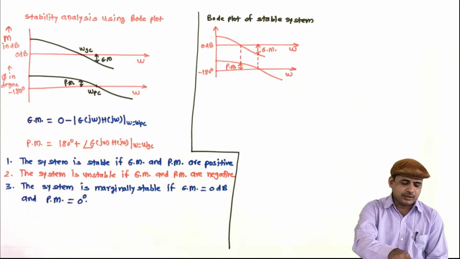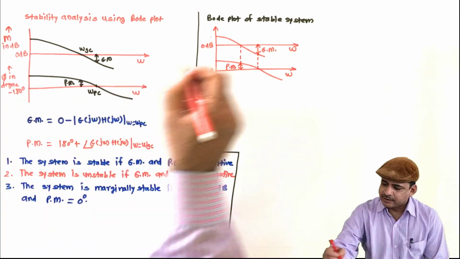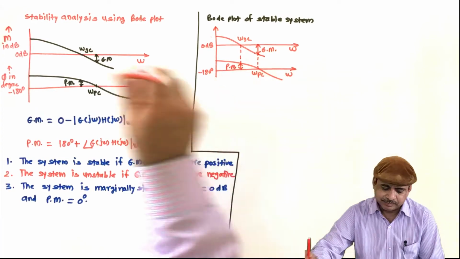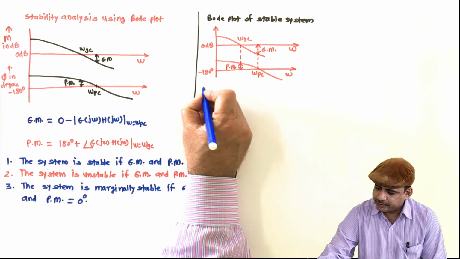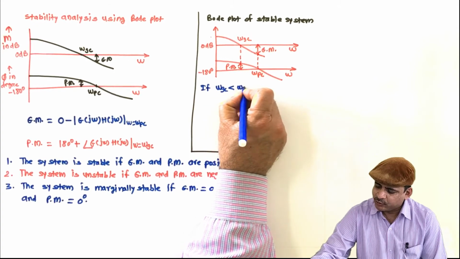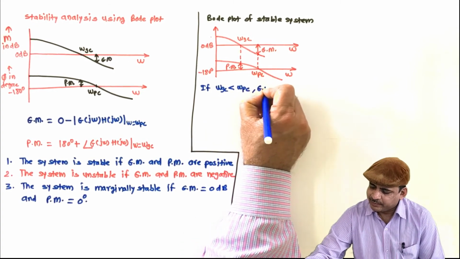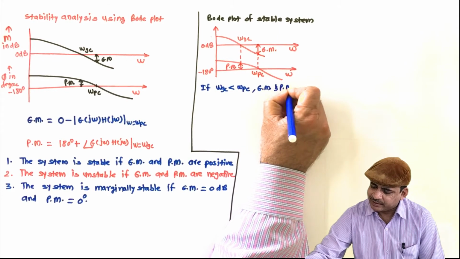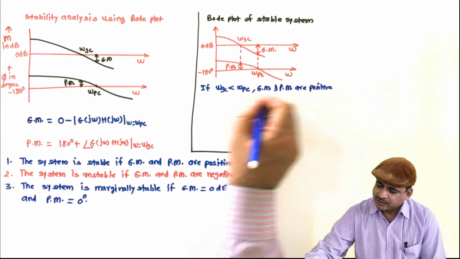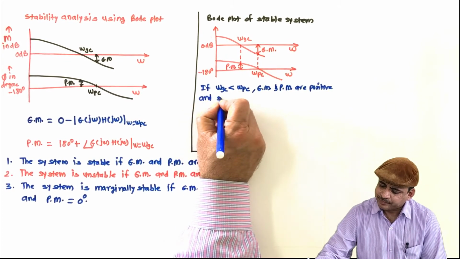So in this case what we can see is omega GC is less than omega PC. So if omega GC is less than omega PC, gain margin and phase margin are positive and system is stable.